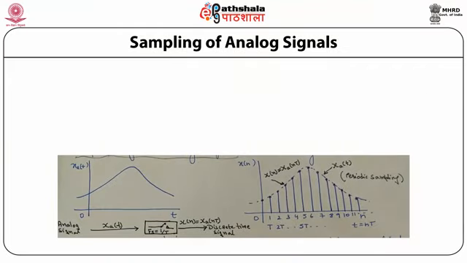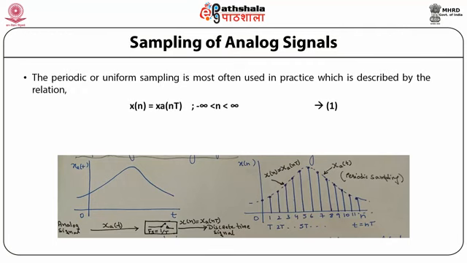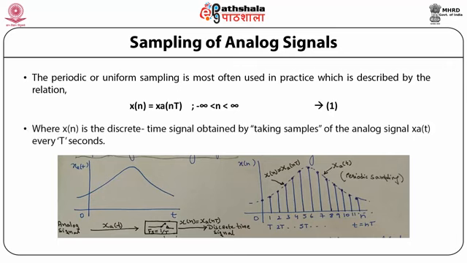Sampling of analog signals. Periodic or uniform sampling is most often used in practice, which is described by the relation x(n) equal to xa(nT), where n is varying from minus infinity to infinity, where x(n) is the discrete time signal obtained by taking samples of the analog signal xa(t) after every T seconds.